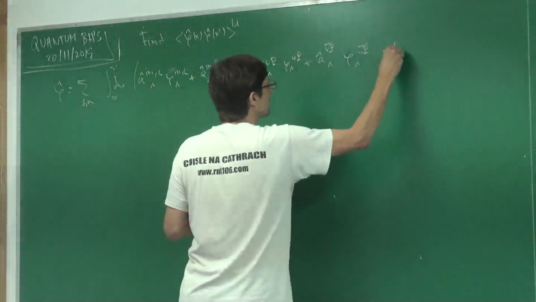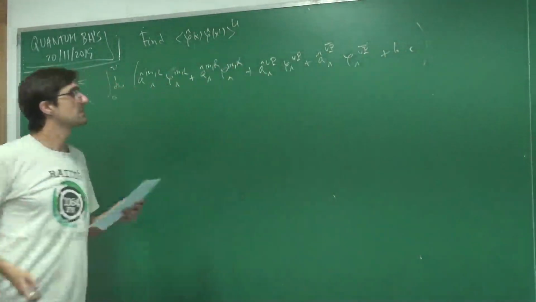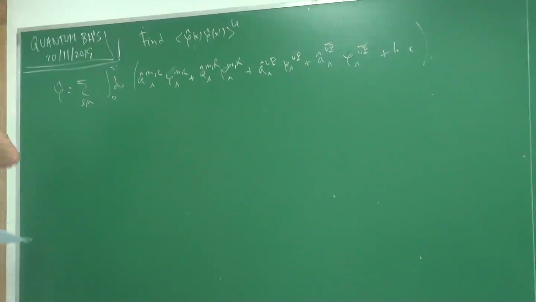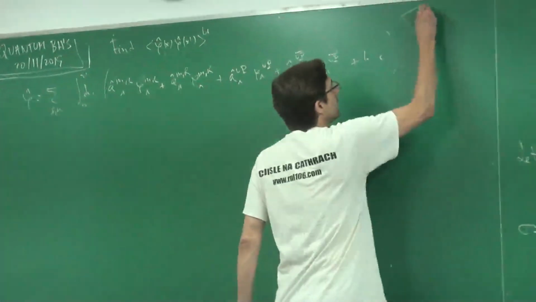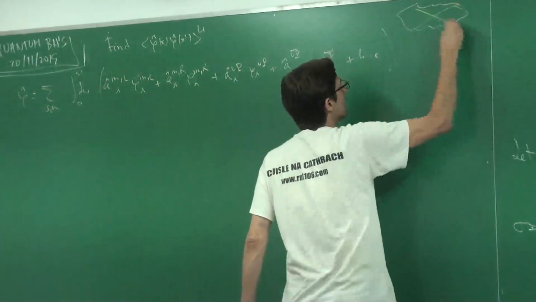And you need to include the Hermitian conjugate of all this. Now, we're only going to do it outside the black hole. This is region 1 of the space-time.